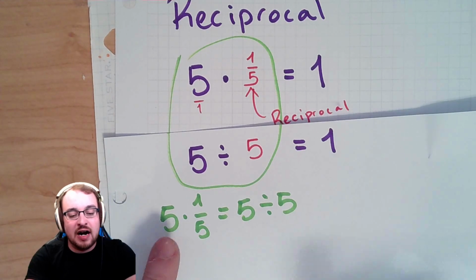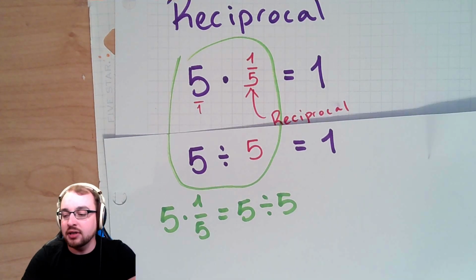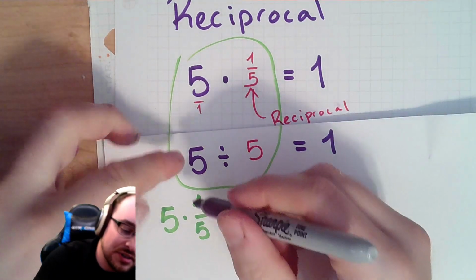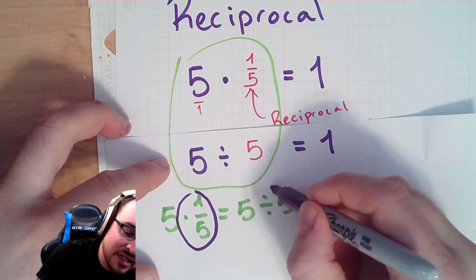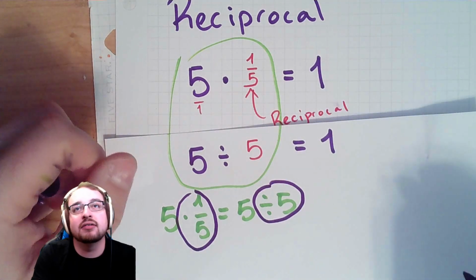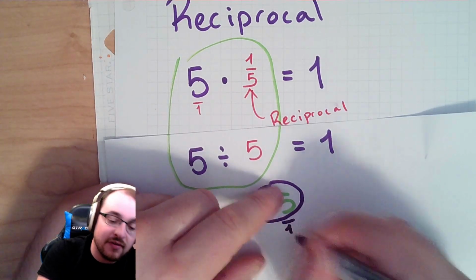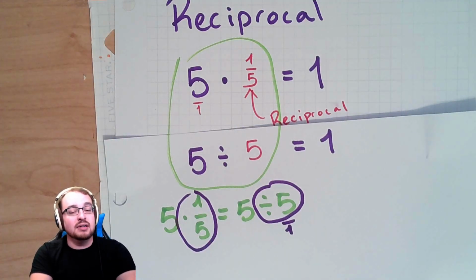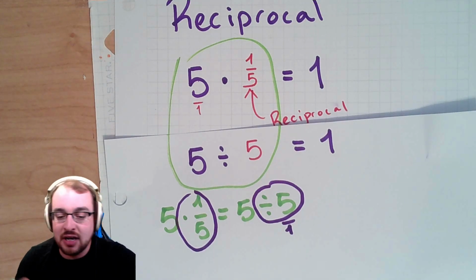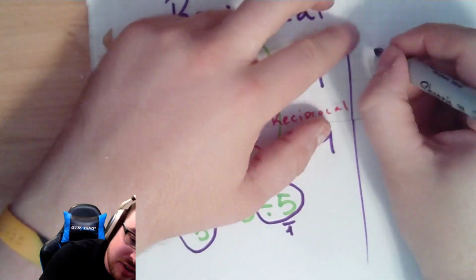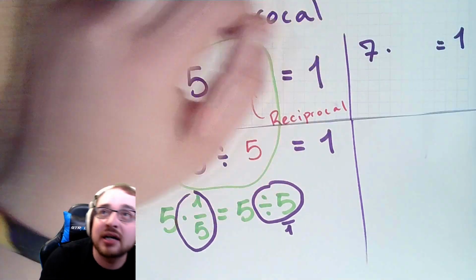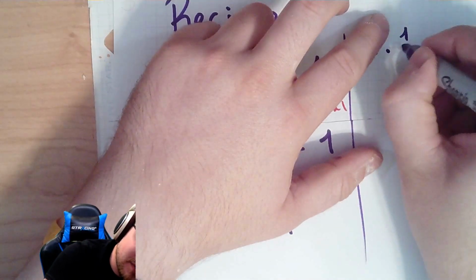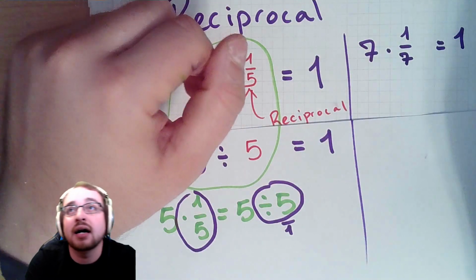Well, we already know 5s are equal, so apparently what must be true is that timesing by a fifth is the same thing as dividing by 5. Or as we talked about earlier, 5 over 1, the reciprocal. Same thing with this. If I were to take, let's do 7. If I multiply by its reciprocal, 1/7, I get 1.